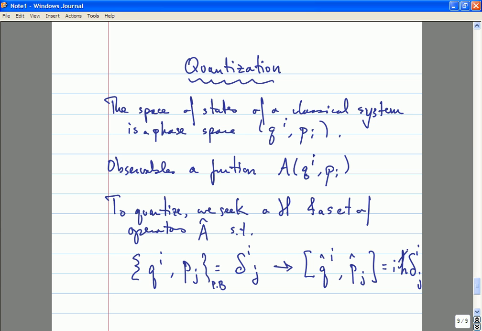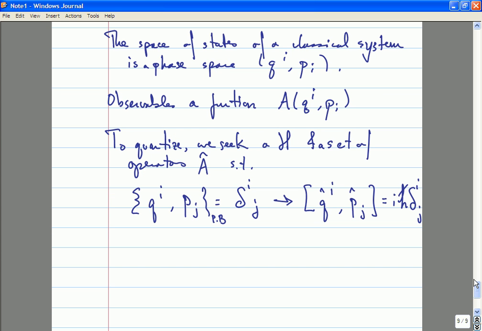And the important thing, which they never teach you in your undergraduate classes on quantum mechanics, is that this procedure is not unique.